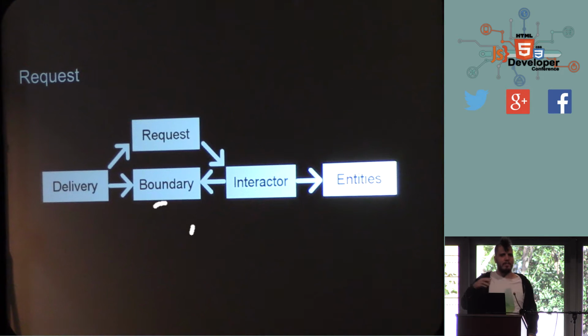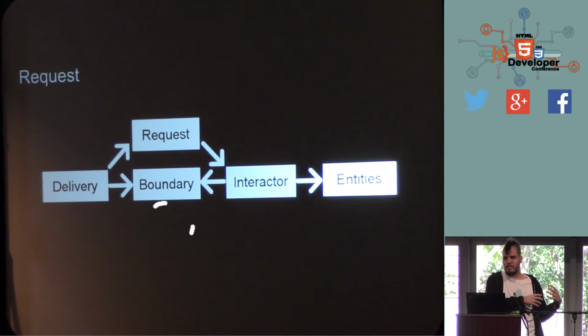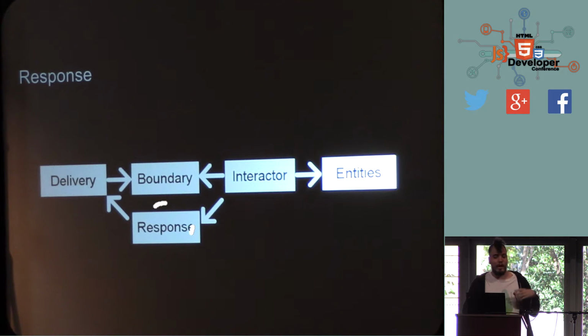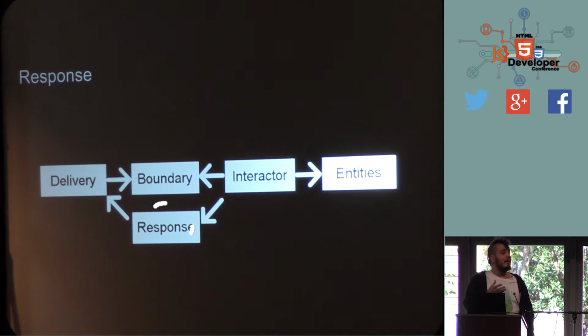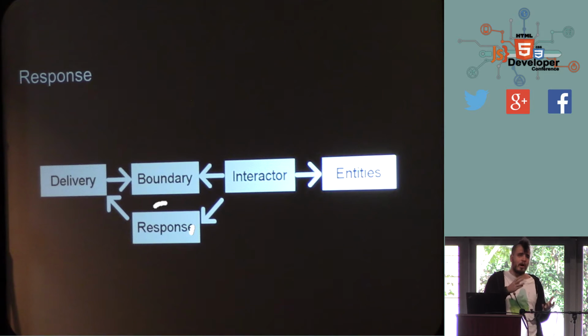So when somebody does something on the UI, the delivery mechanism should create a simple data structure, a request object, that would describe what happened on the UI. And the interactor should figure out, based on these simple data structures, what to do with it, and ask the entities what to do and stuff, by figuring out the response that would describe how to update the UI.